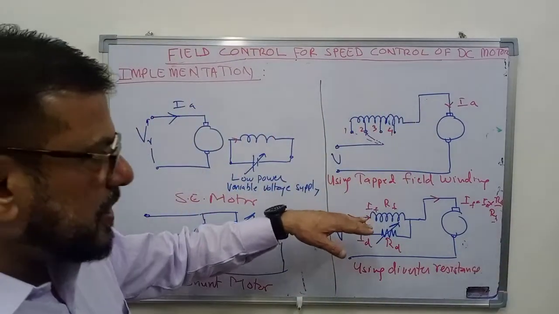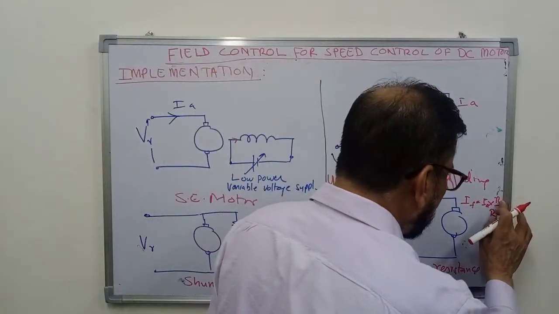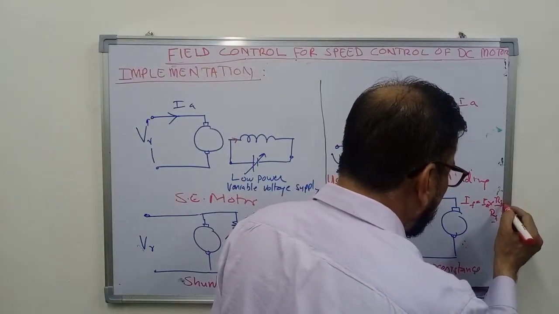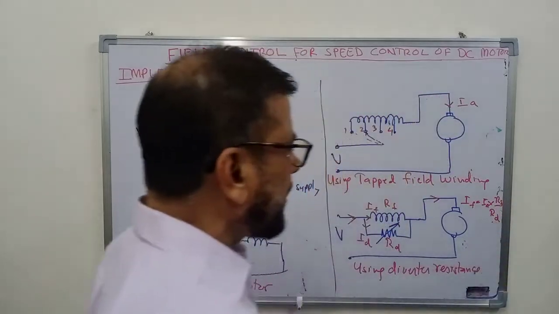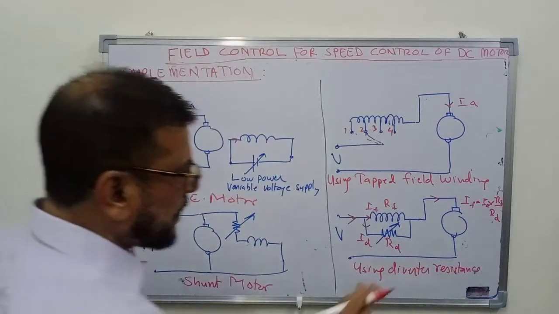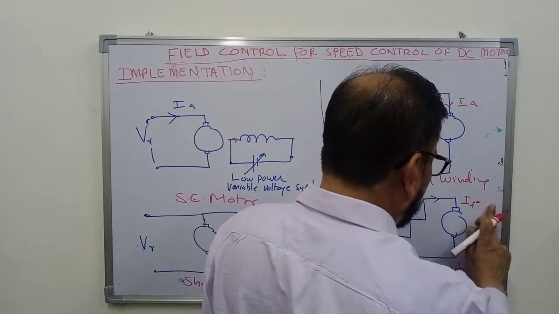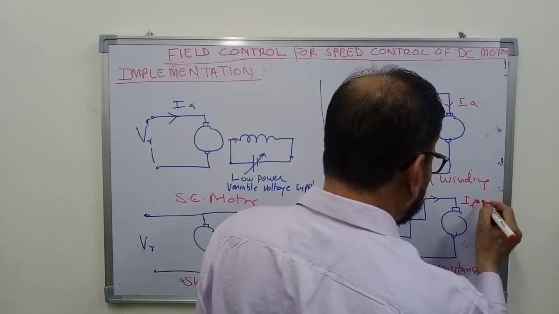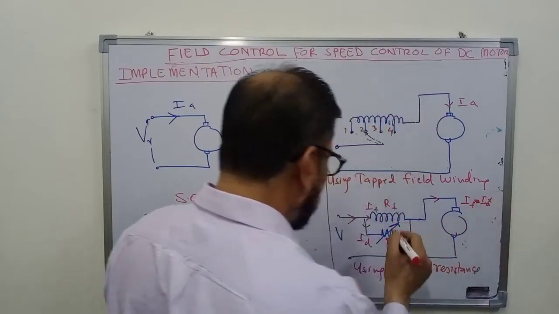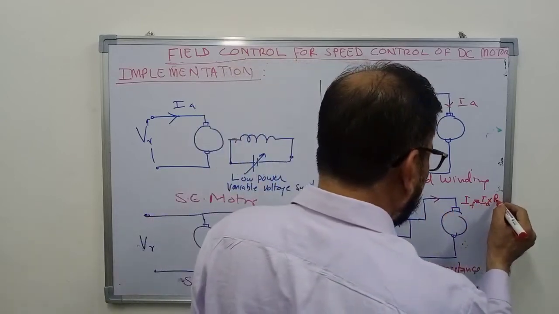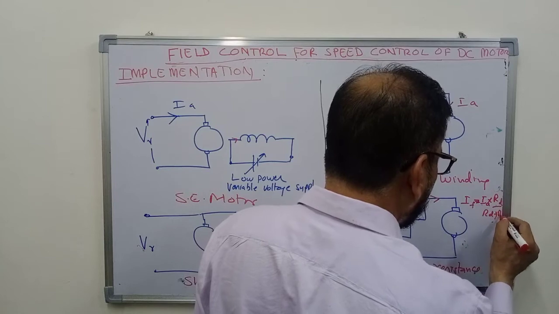So the field current will depend on, I think it will be equal to IF upon RD. No. It is IA multiplied by the resistance RD upon RD plus RF.